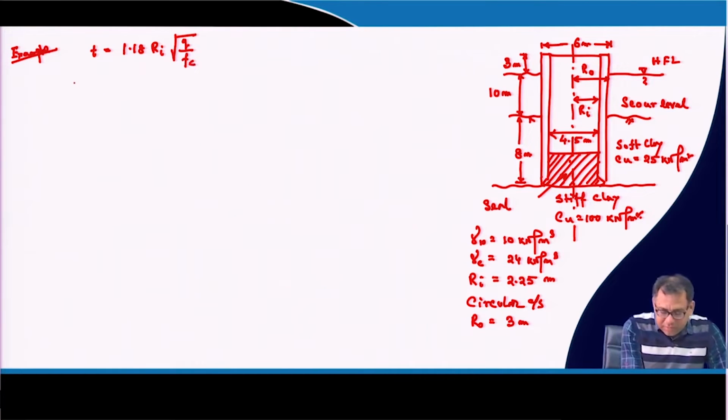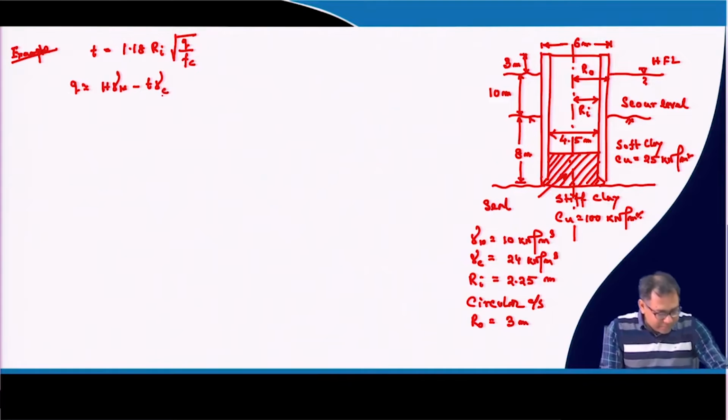Now, Q we can roughly calculate by H into gamma w minus T into gamma c.